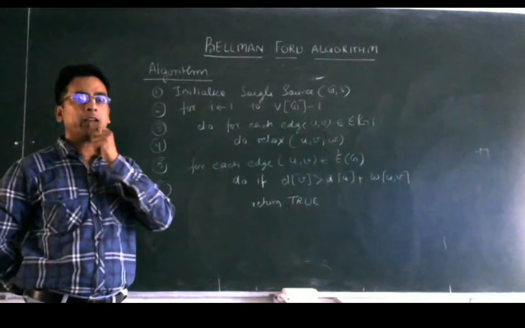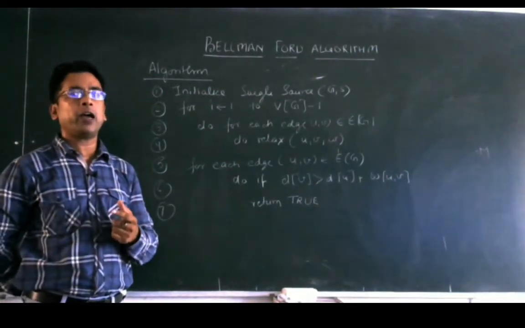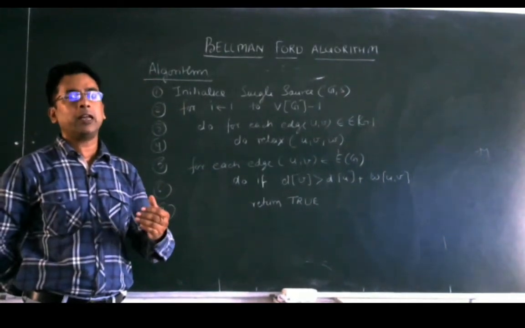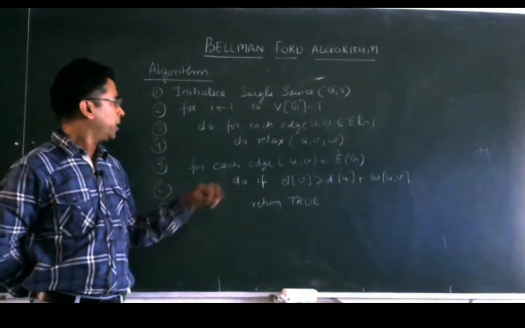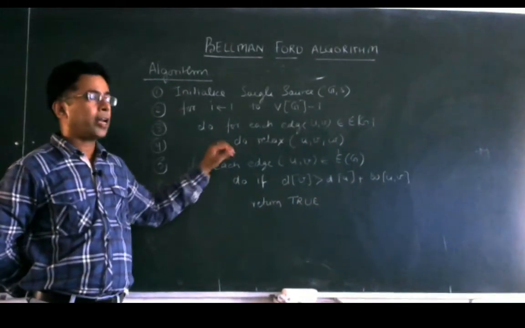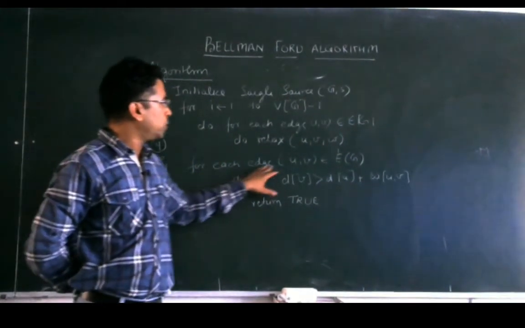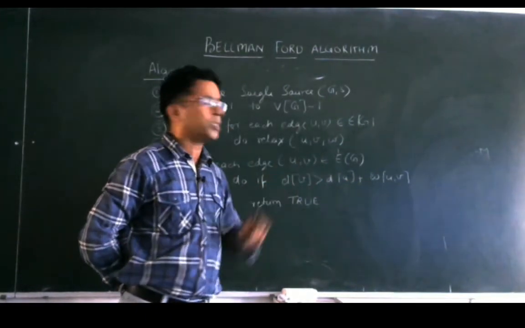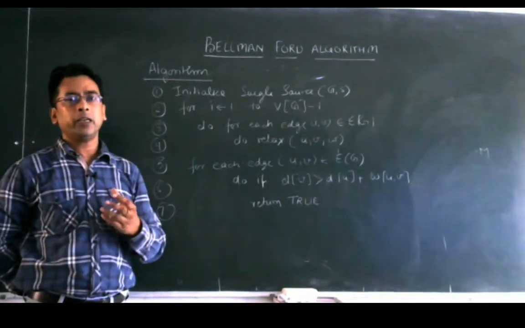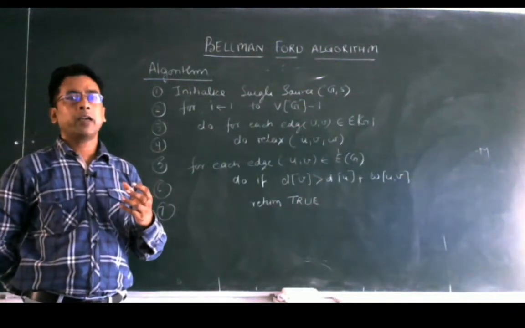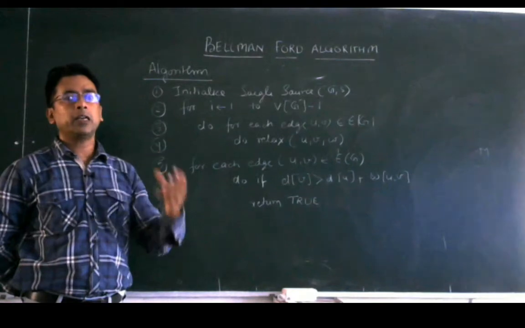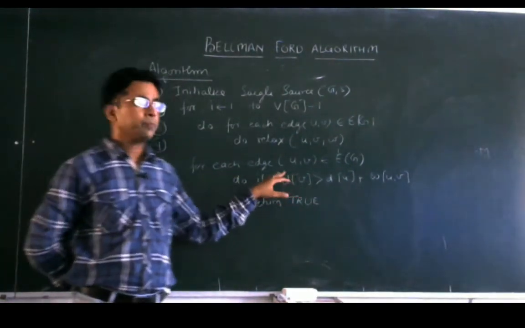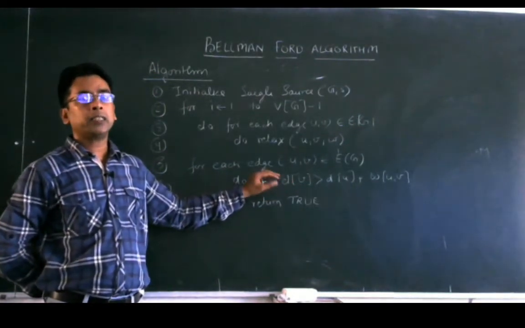So here for every vertex we relax all the edges with which it is associated. For each edge (u, v) belonging to E, do: if d[v] is greater than d[u] plus w(u, v), meaning if the vertex key value can be decreased with the help of the edge, then that vertex is relaxed.